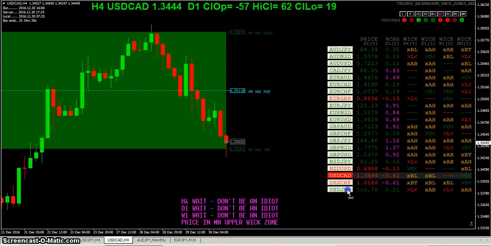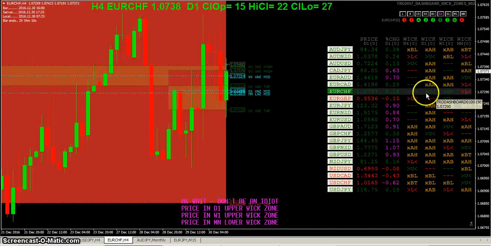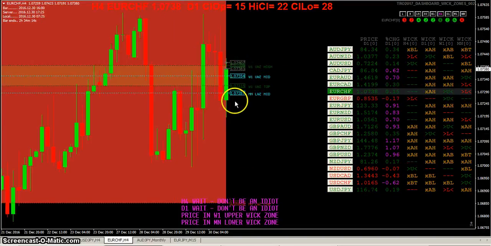It's like dollar yen. There's 2 wick zone trades. Okay? Pound franc, there's 2. Look at the euro franc. There's 3 trade opportunities. Well, there was 3, but did you see how that one just went away because it popped out of that zone?